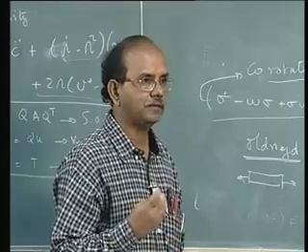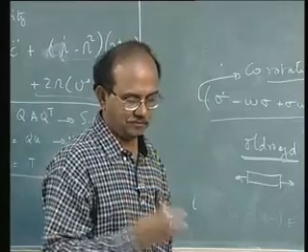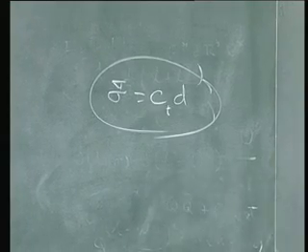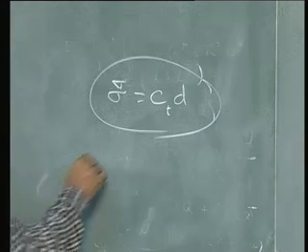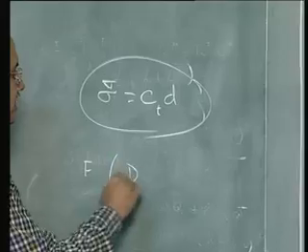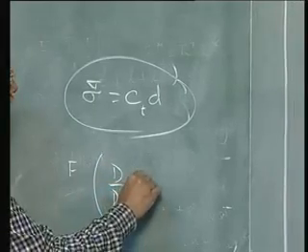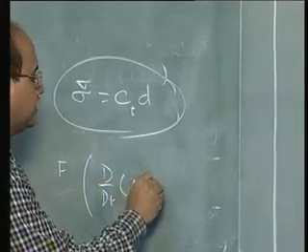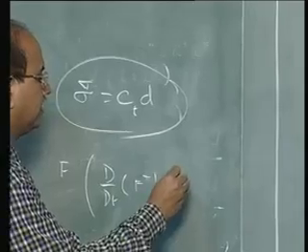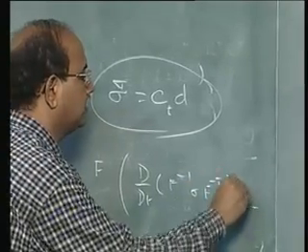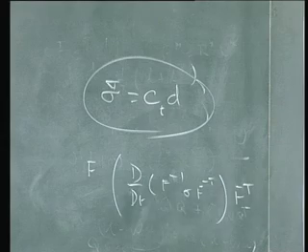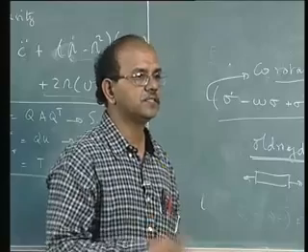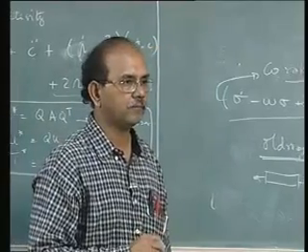Push back, d by dt, then pull forward. So F, d by dt of F inverse sigma F inverse transpose, F transpose. So this is the Oldroyd rate.